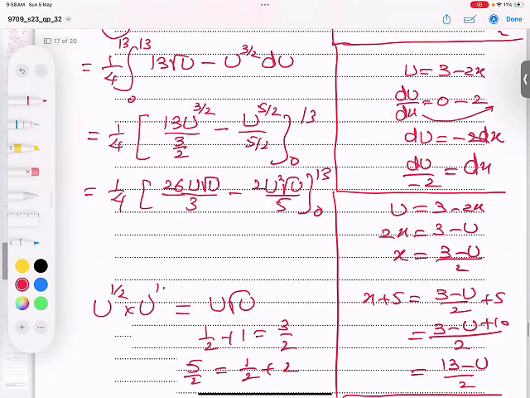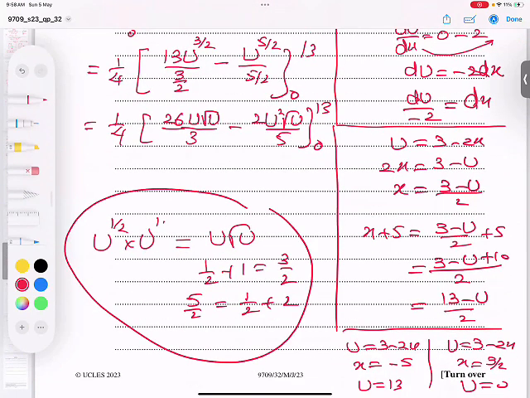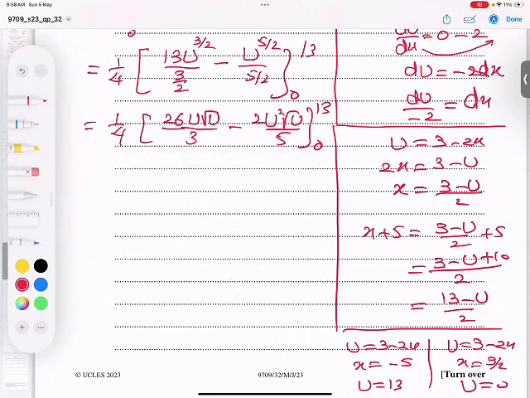Okay, students, now I'm going to plug in the numbers. I plug in 13: outside 26 into 13 inside root 13 by 3. And here 13 square into root 13 over 5. 0, no need to put. Okay.